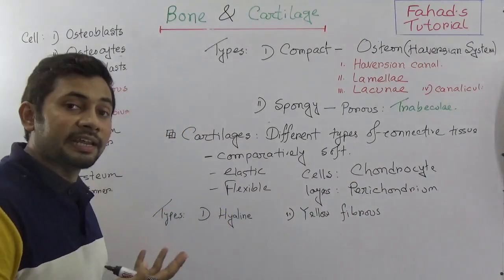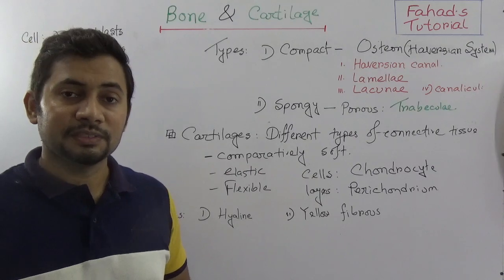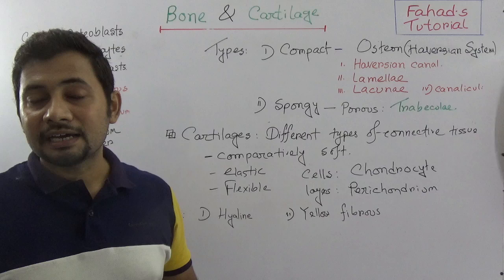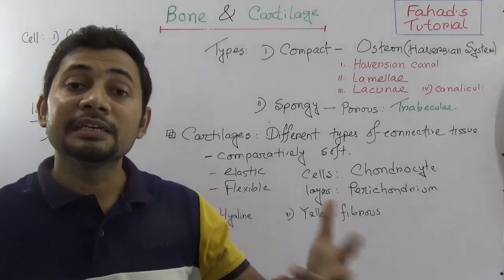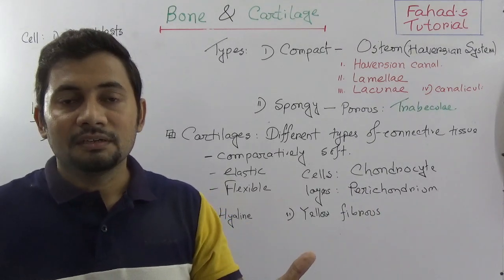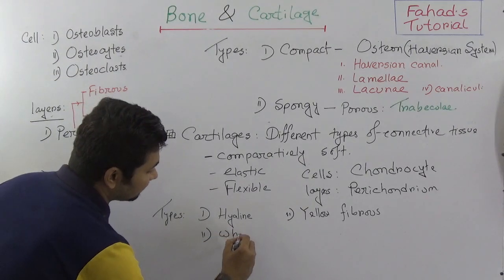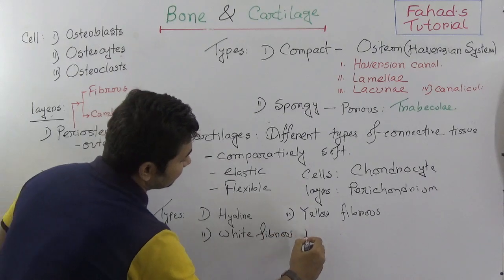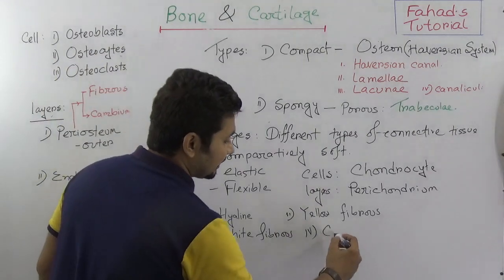From the name we can see that hyaline means very transparent, so it has a refractive index and is bluish white in color, but actually it is transparent. Yellow fibrous is made up of yellow fibres, the yellow color says it itself. Number 3 is white fibrous, and number 4 we have calcified cartilage.